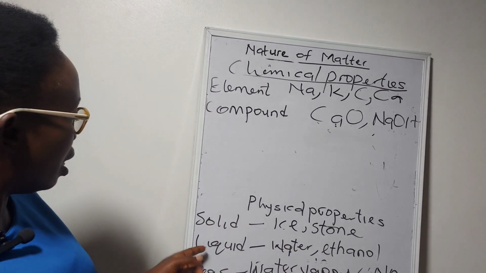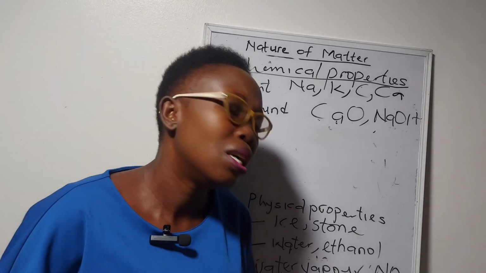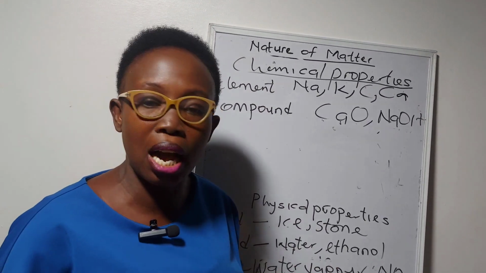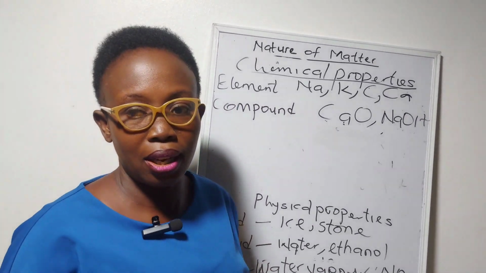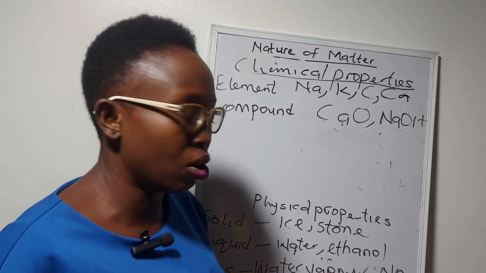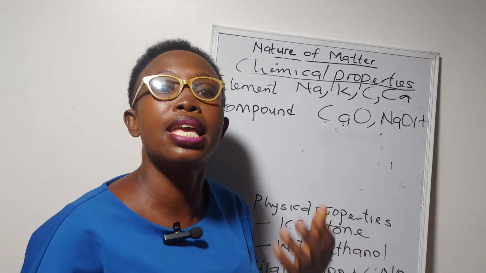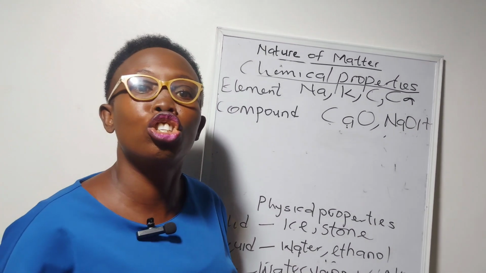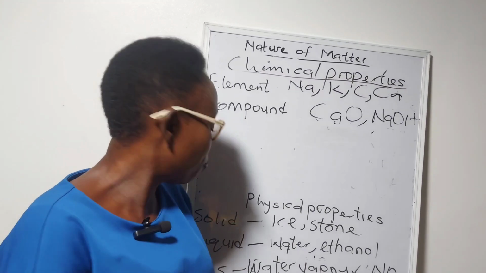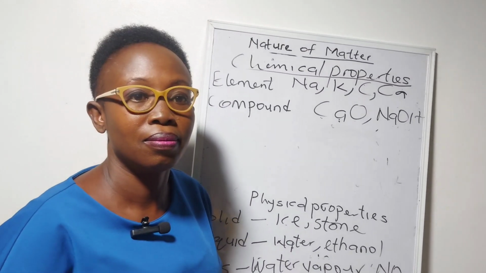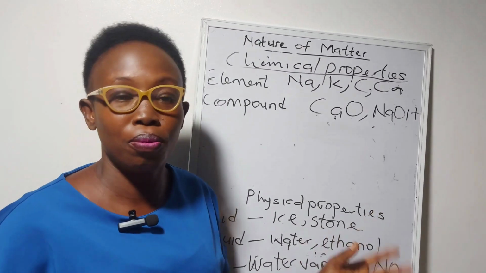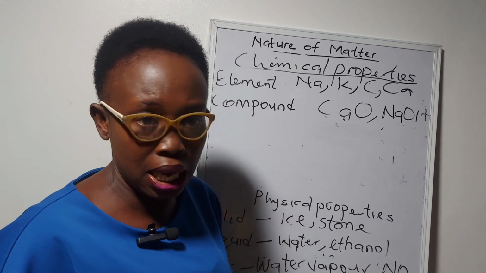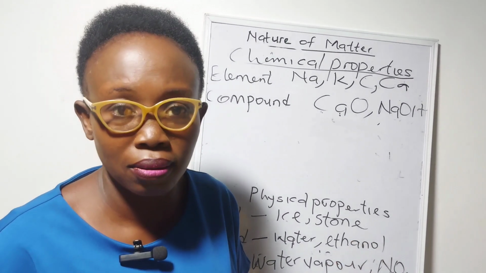Let's talk about liquid. Liquid, we have some examples like water in our house, ethanol. All these are in liquid form. This liquid has its own property. It has a volume. You can tell me this water is 100 grams. That is the volume.